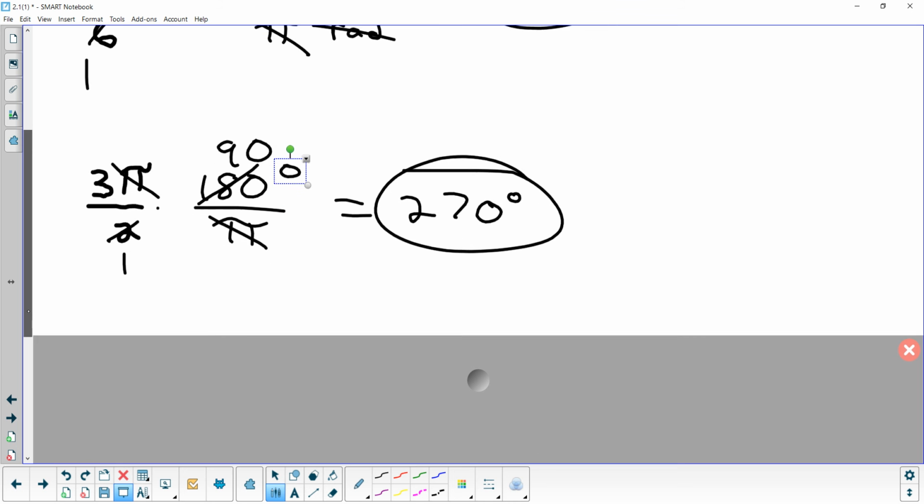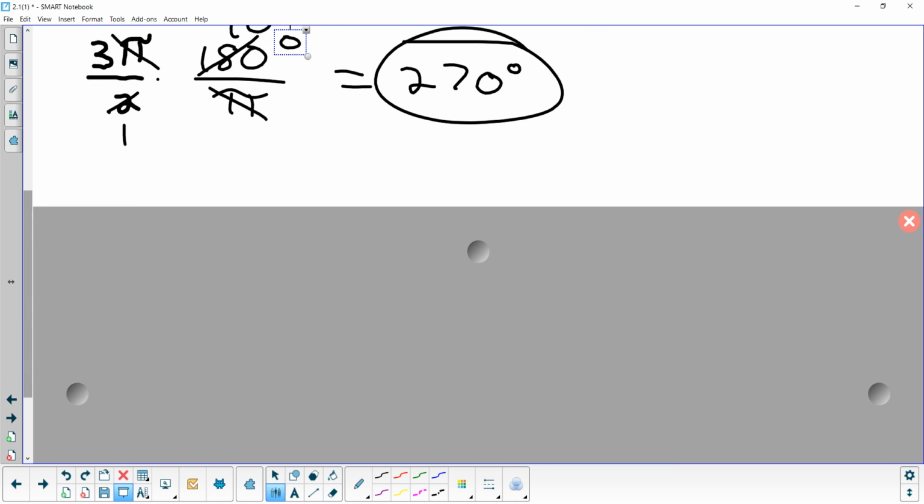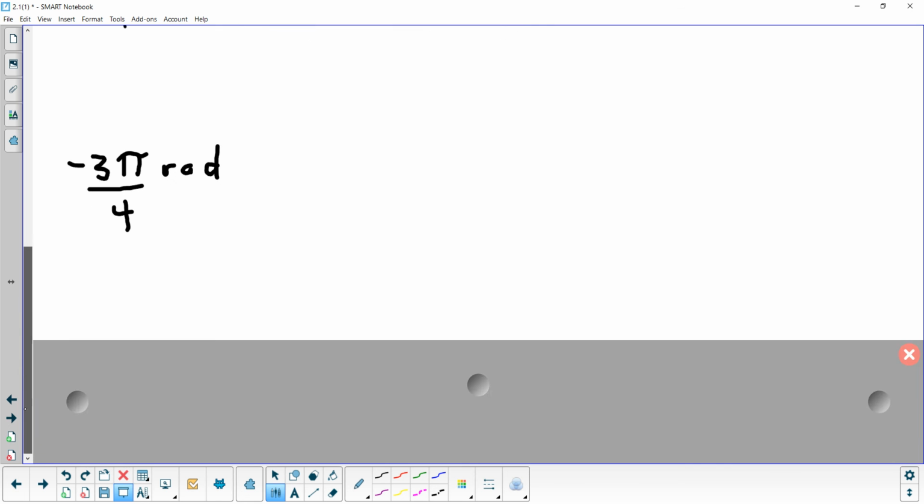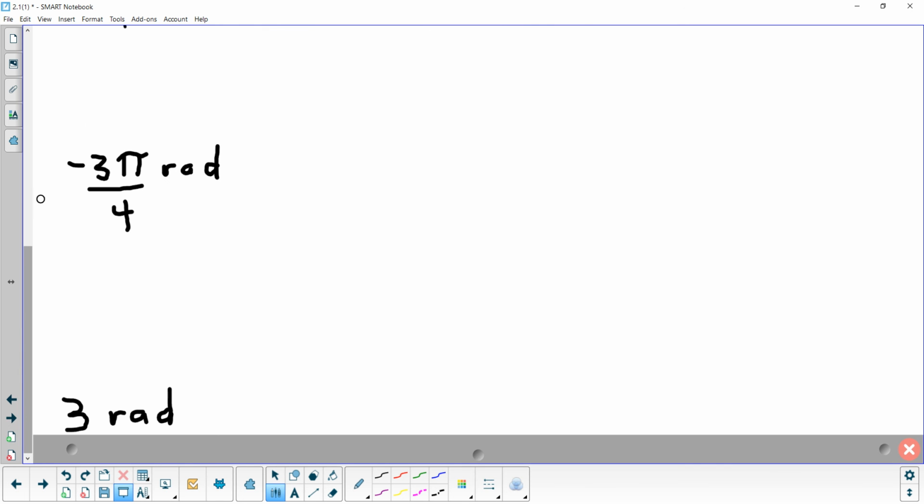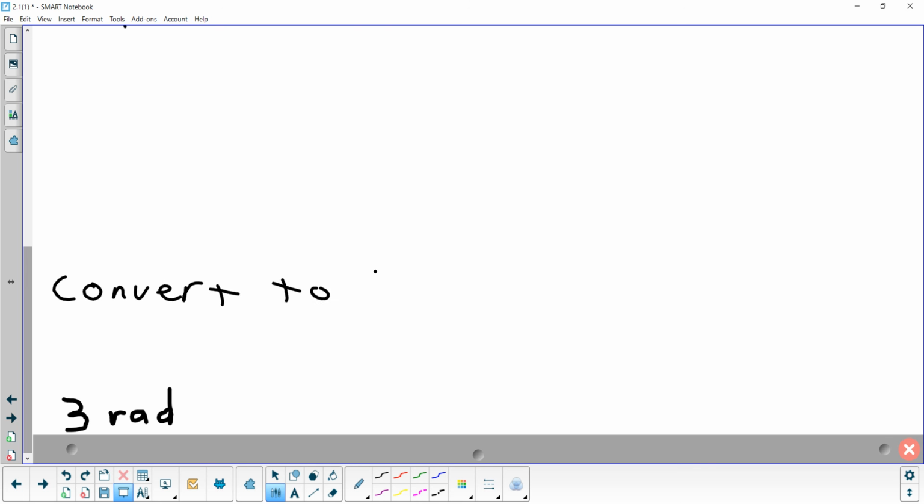So the last one, I told you I'd show what happens when you use the pi button versus not using the pi button. Let's do 3 radians. And we'll convert to 2 decimal places.